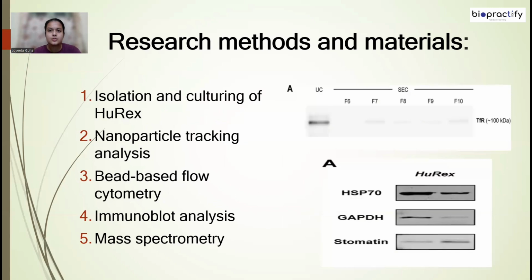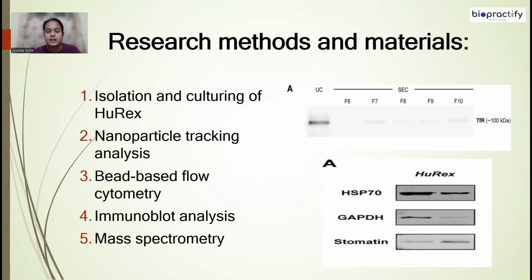First, we need to understand the research methods and the materials used. So, isolation and culturing of the human reticulocyte-derived exosomes. This HUREX is the short form of human reticulocyte-derived exosomes. Of course, we need to isolate the reticulocytes, and isolation can be done with various processes of filtration and centrifugation.